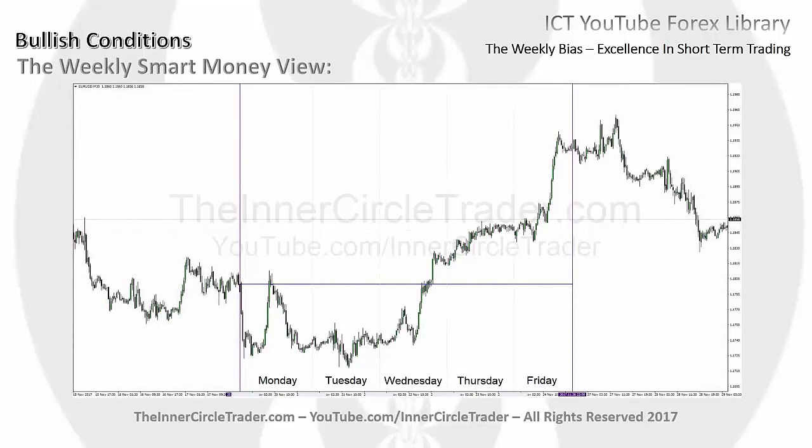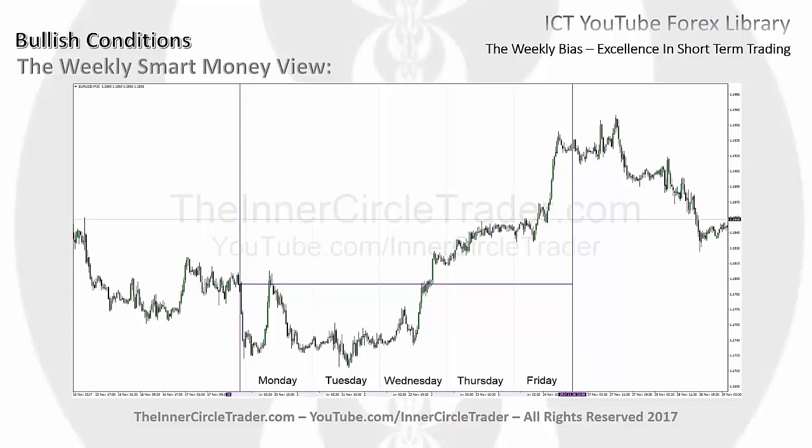What we want to be focusing on is the opening price on Sunday. Now, some of you may not have a Sunday candle in your platform, and that's fine. It's still beneficial for you to seek out whatever the Sunday opening price is. So you can use websites that follow the foreign exchange markets and get an opening price, because sometimes those opening prices will create gaps from Friday's close.